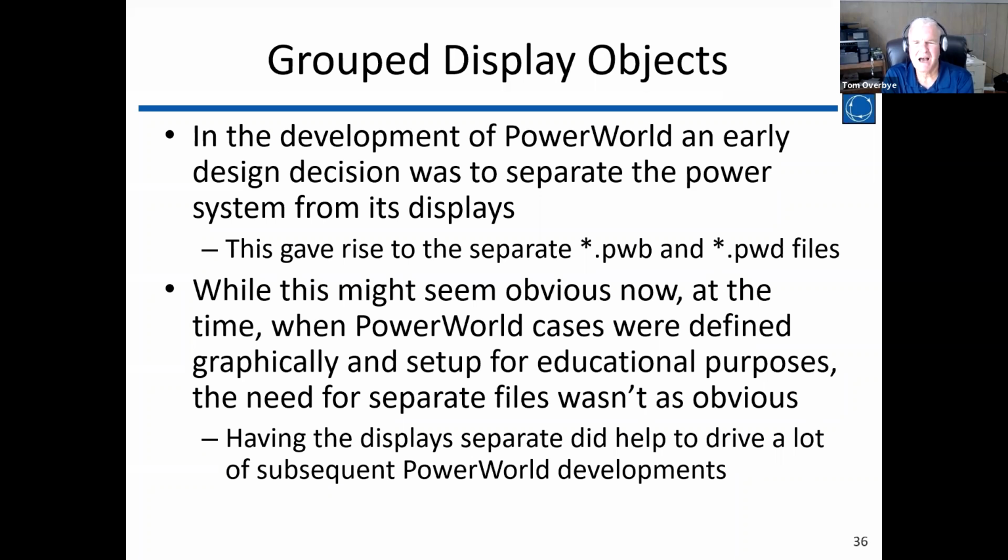Now, that might seem obvious now, but at the time, PowerWorld cases were strictly defined graphically, so it wasn't clear this was the best way to go. But once we made that decision, then it did help drive a lot of subsequent PowerWorld developments.